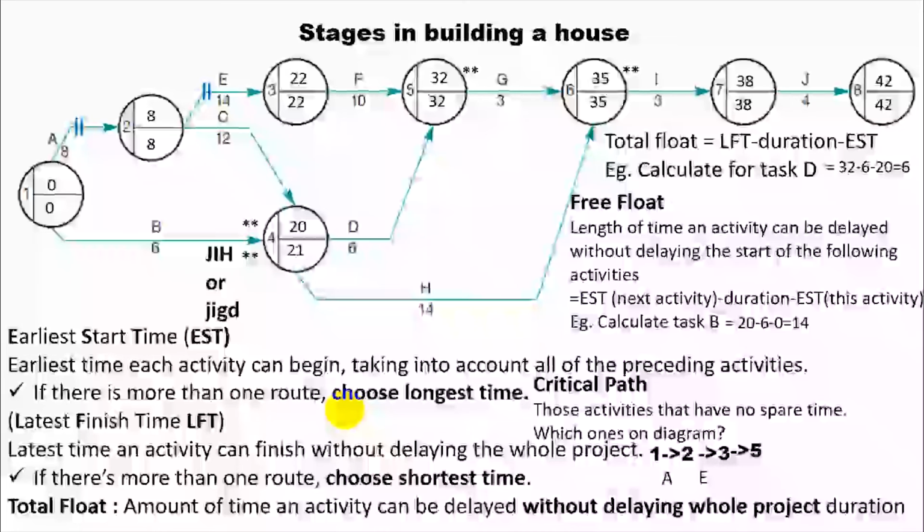Then from node 3 to node 5, activity F. Node 5 to node 6, activity G. Node 6 to node 7, activity I. Node 7 to node 8, activity J. Okay, so the critical path is A, E, F, G, I, J.